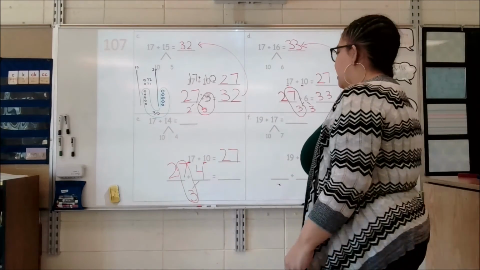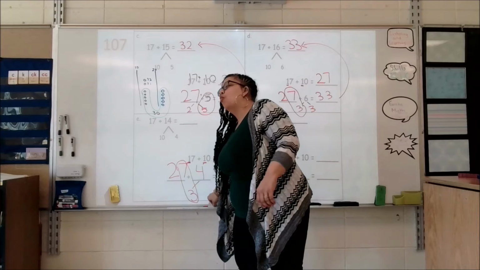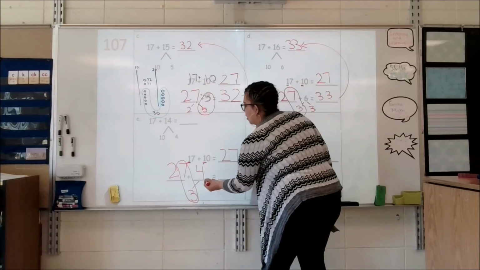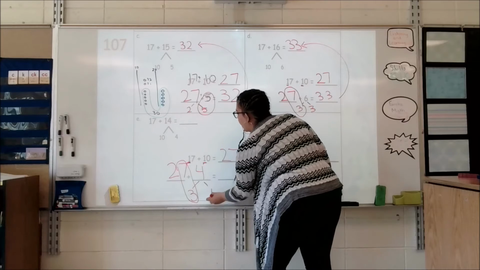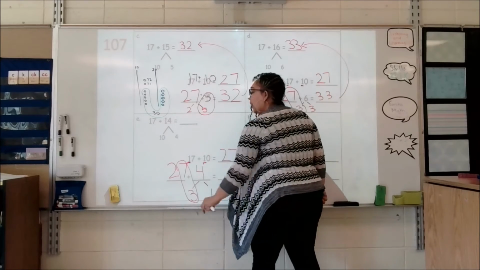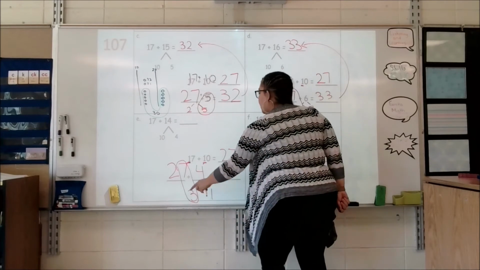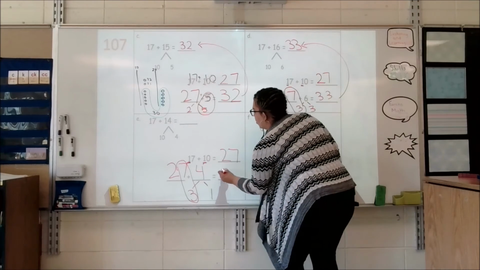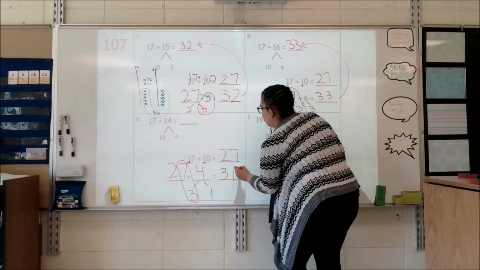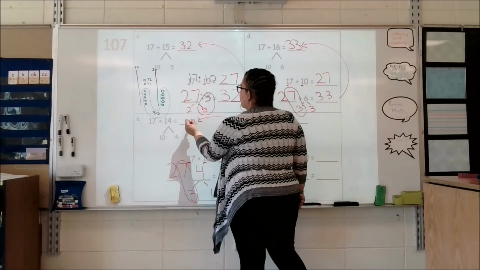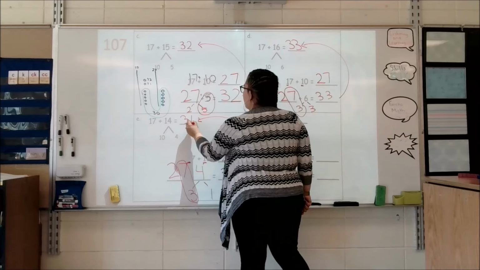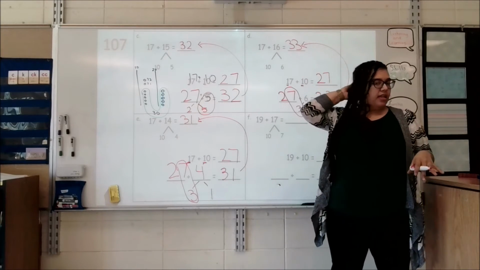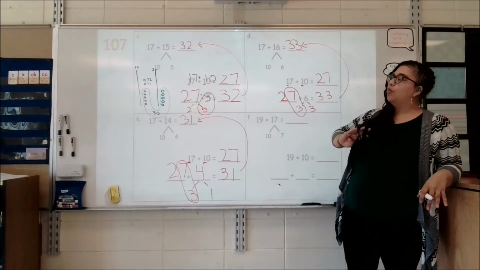Good. Meaning that inside this number 4, where I took out the 3, how many are left? 1. So that means 2 10s, 3 10, 1 1. So filling it out, 3 10, 1 1. 17 plus 14 is equal to 31.